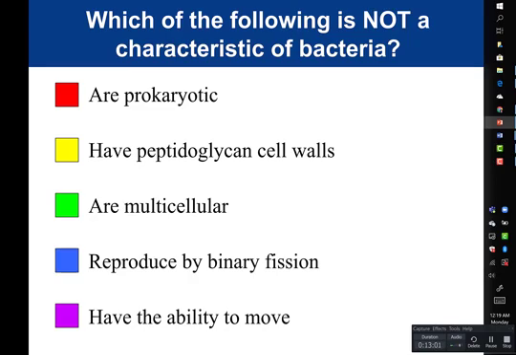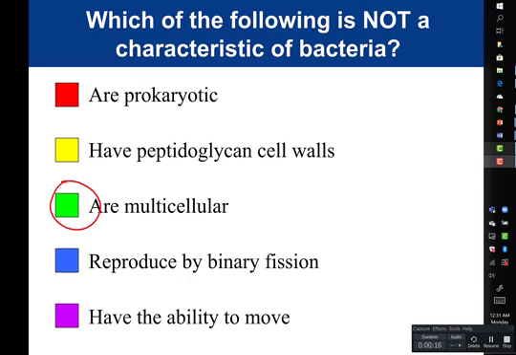So, which of those statements is not true of bacteria? The answer is going to be green. They are not multicellular. They are unicellular. They exist as one single cell. So the statement saying that they're multicellular is not true for bacteria. Bacteria are prokaryotic. They are made of cells that lack a membrane-bound nucleus.